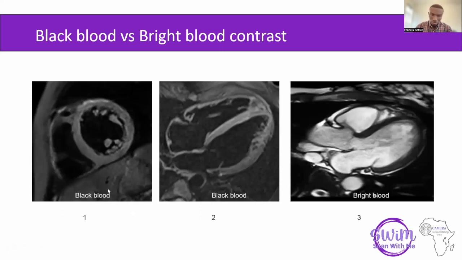These are some of the cardiac images that I have here. You can see that in images 1 and 2, the blood looks dark or black, which means they were acquired using spin echo sequences. Whilst in image 3, the blood looks bright, which means it was acquired using the gradient echo sequence.